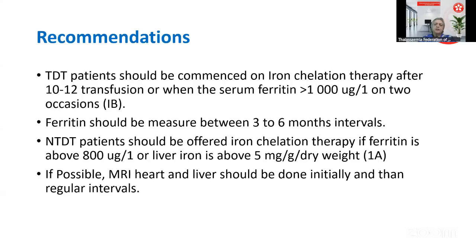And this should be done initially and also at regular intervals. They give different timings, but in our country, even if somebody has the facility, I don't think even a good socioeconomic family can do it earlier than a year, because it's still costly for most of them.